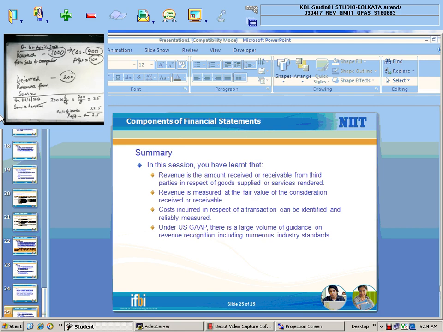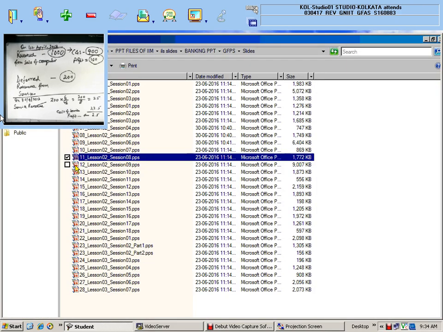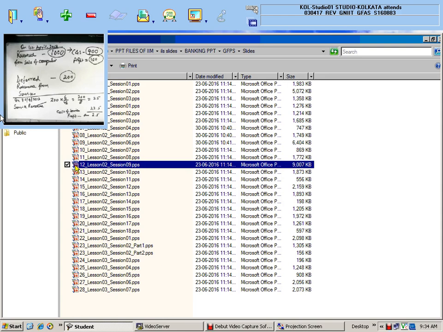So we'll move to the next lesson, which is relating to capital expenditure, property, plant and equipment, that is IAS 16.